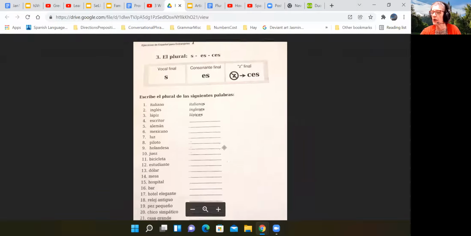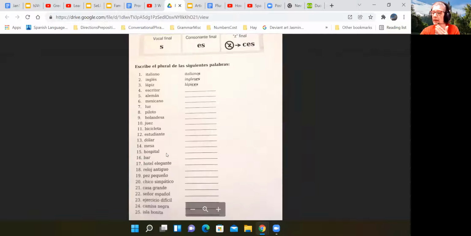I'll send you this page and I'll see if you can make these things plural. And you're going to notice the noun and the describing word after it both have to be plural.